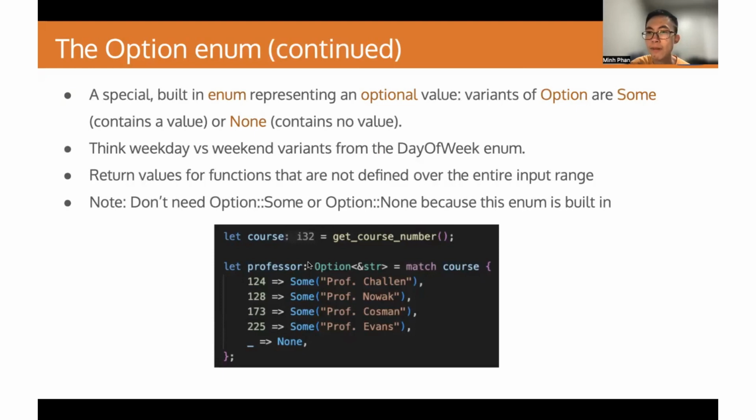It's similar to the example from the March lecture, except we use an option to represent it. Do note here that we don't need to write Option::Some or Option::None, as opposed to the enums that we define ourselves, because the option enum is built into the language.